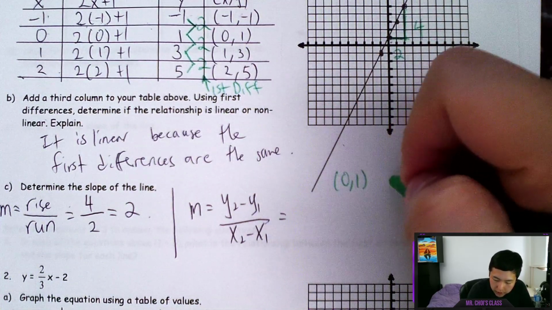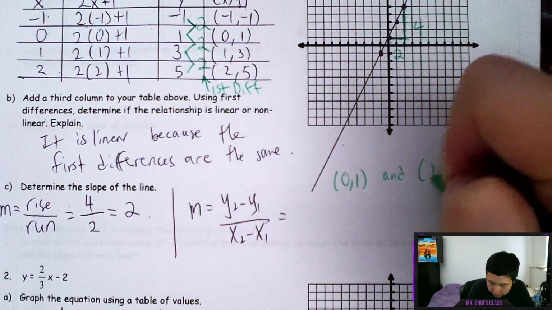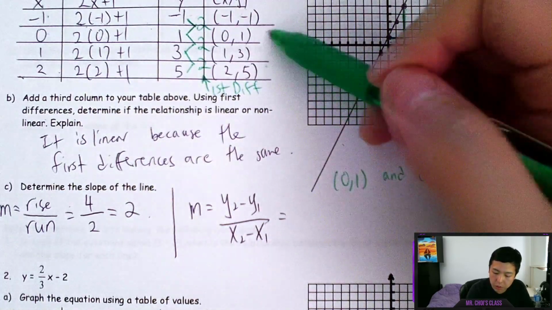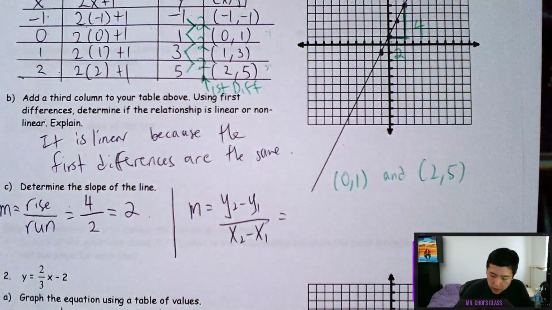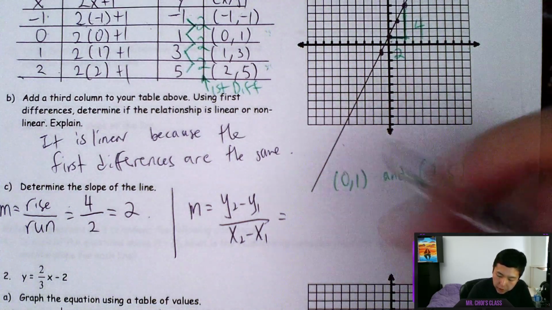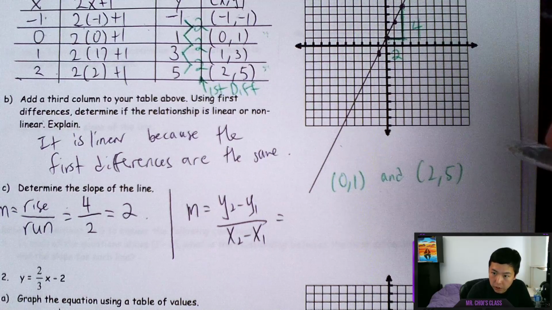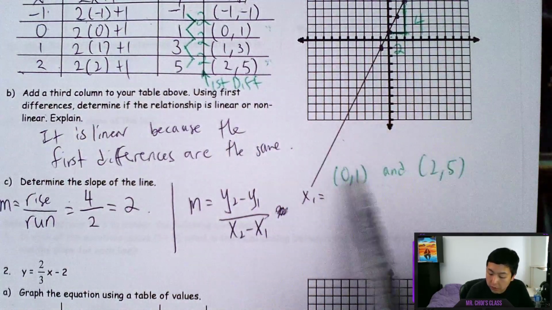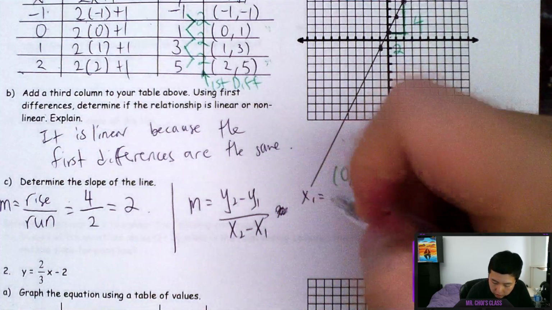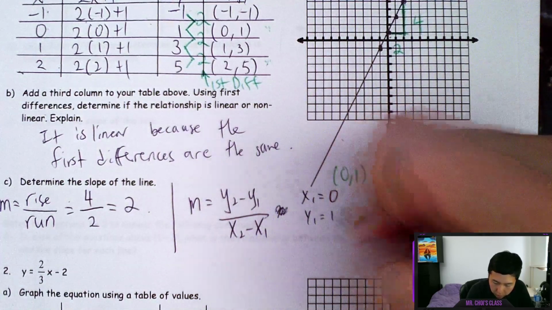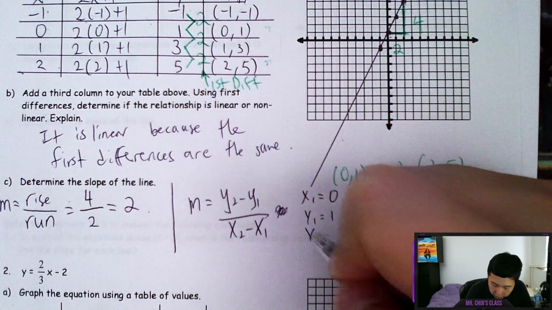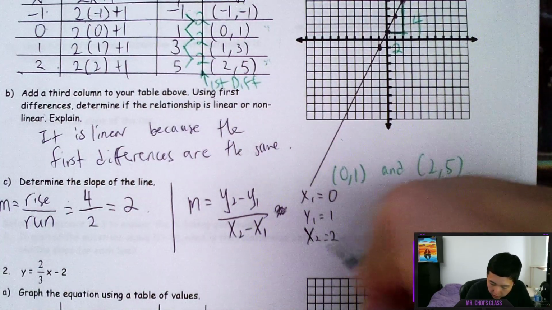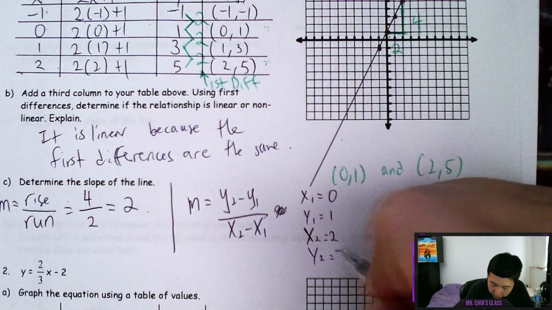So 0, 1 and 2, 5. So first, we need to figure out what x1, y1, x2, y2 is, right? So x1 from left to right is 0, y1 is 1, x2 is 2, and y2 is 5.